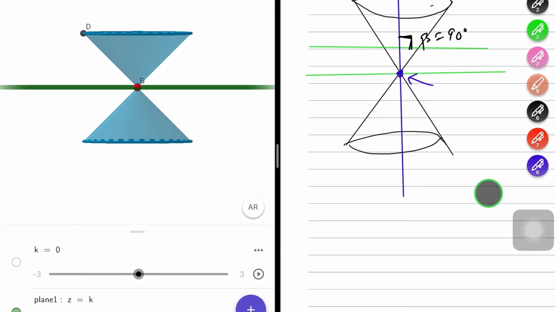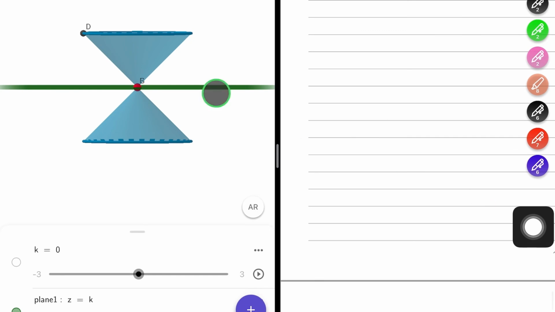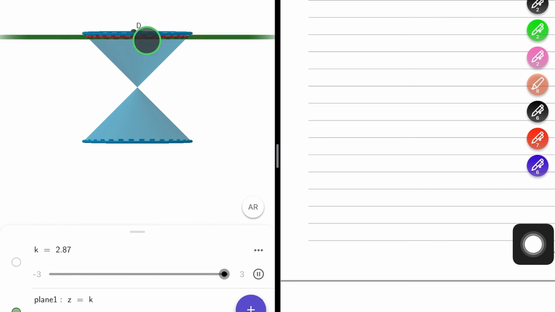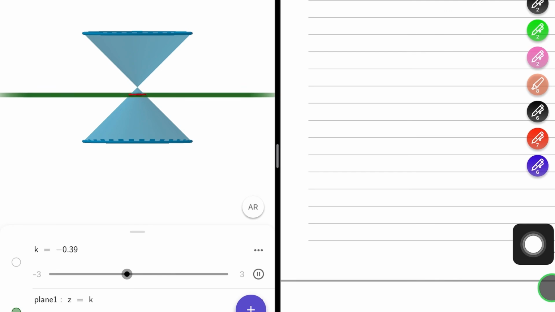Whereas whenever the plane does not pass through the vertex of the cone, it gives rise to a circle. And mind you, in this case also the angle between the plane and the axis is 90 degrees. The figure shown here is the degenerate case, whereas if the plane moves away from the vertex, it is a non-degenerate conic section.